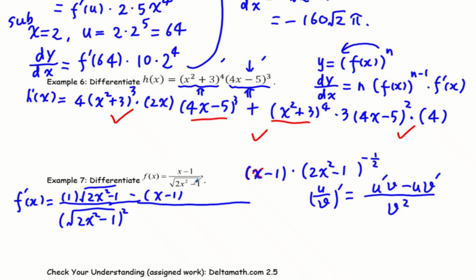So the denominator is 2x squared minus 1 to the power of 1 over 2. This is a power rule first. Bring the 1 over 2 to the front. Then 1 over 2 minus 1 is negative 1 over 2. Then don't forget, it's chain rule. You need to do the derivative to the inside. 2x squared gives you 2 to the front, then the exponent minus 1 is 1, so 2 times 2 times x, so it's 4x.